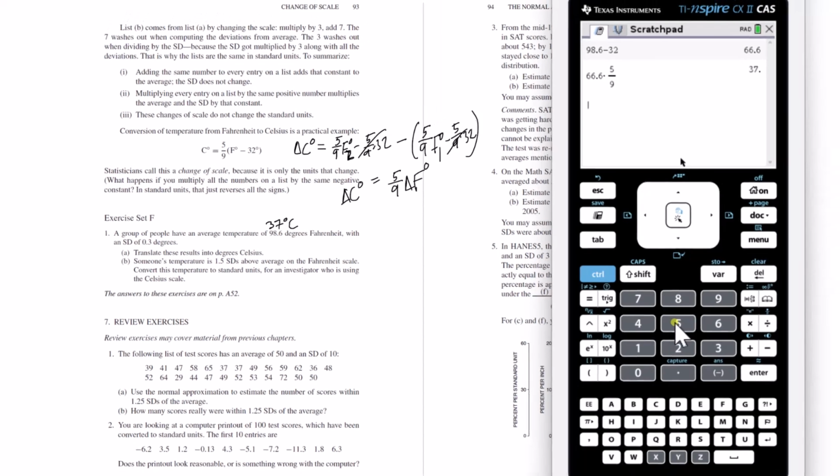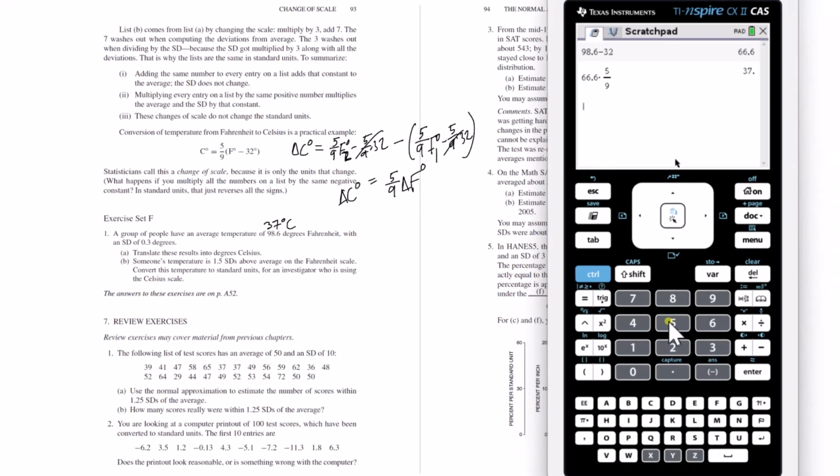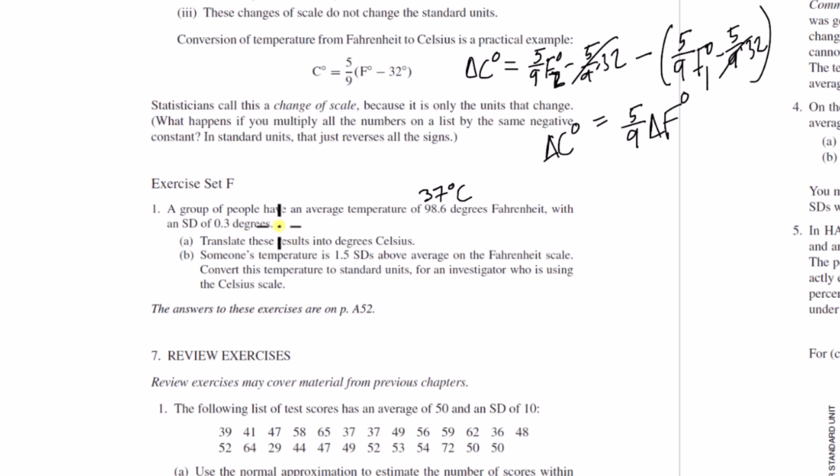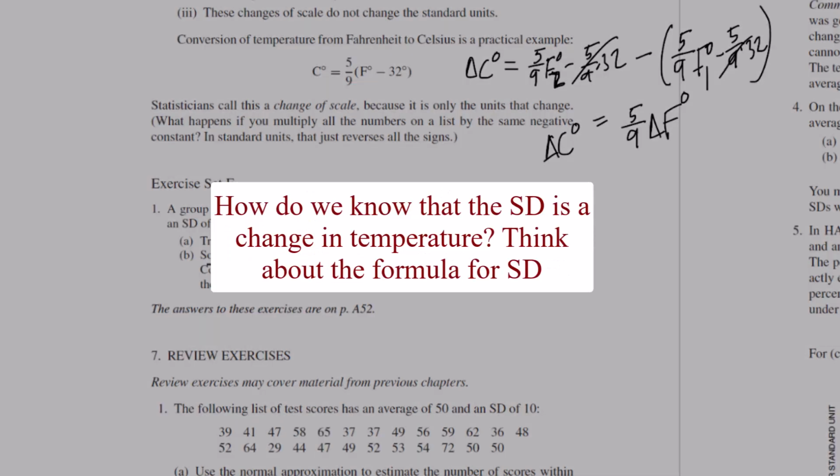So again, it's still degrees Fahrenheit and degrees Celsius. It's just the conversion factor is different when you have a change like that. Sometimes it is, sometimes it isn't, depends. So we just do 5/9 times 0.3, 0.17. So this is 0.17 degrees Celsius. All right.